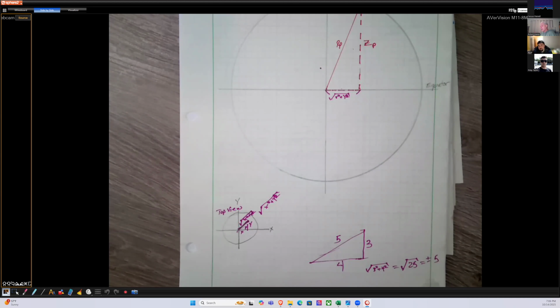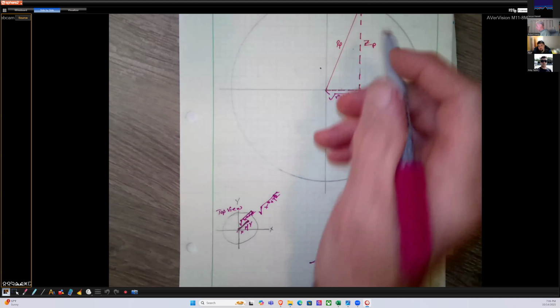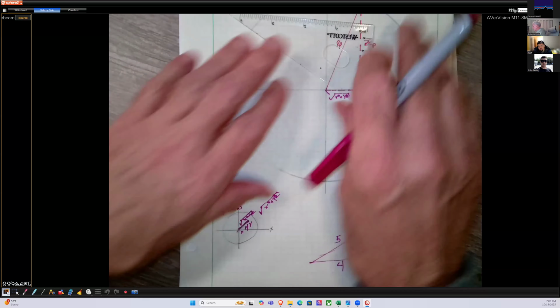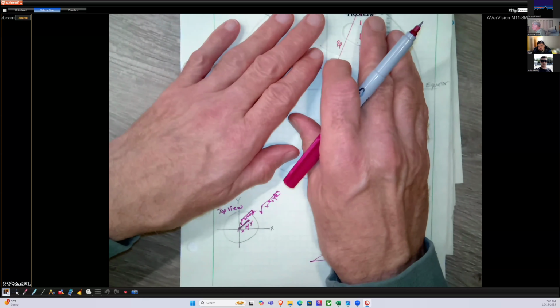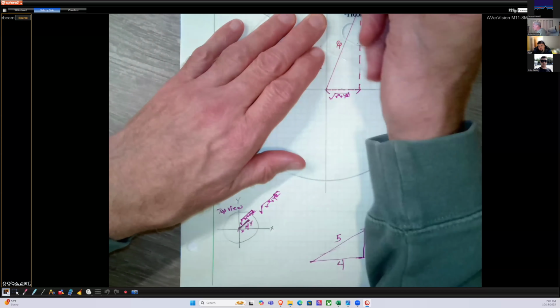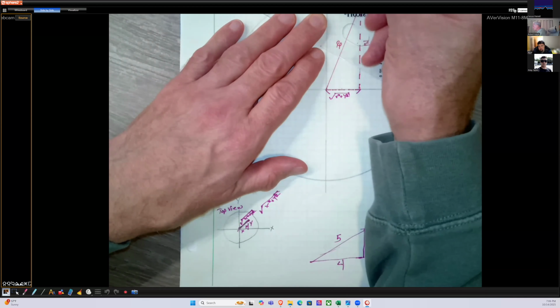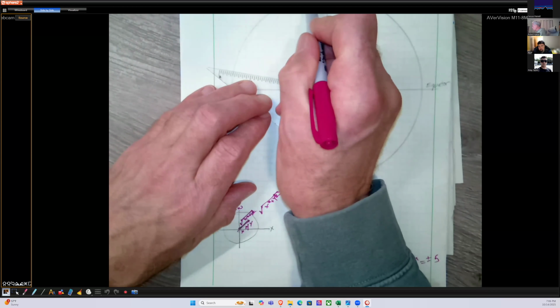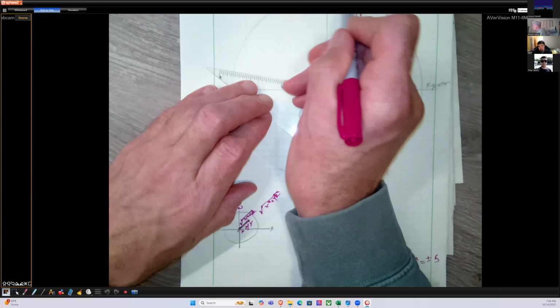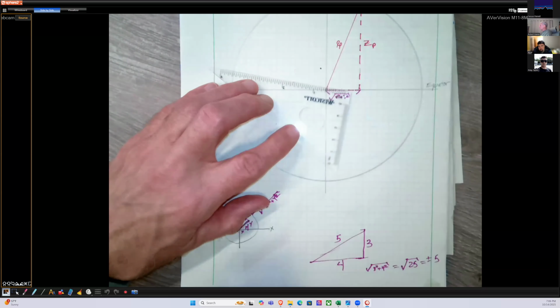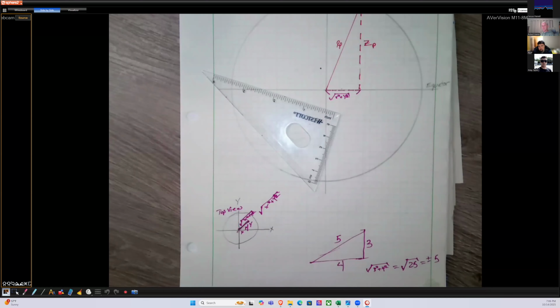Now, what angle am I interested in getting, the latitude? The latitude is up here, right? How do we define the latitude?